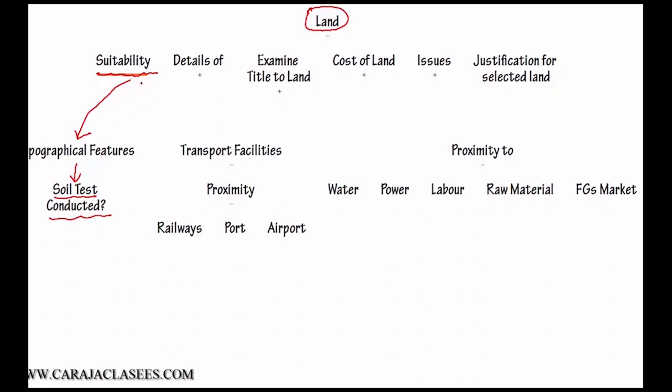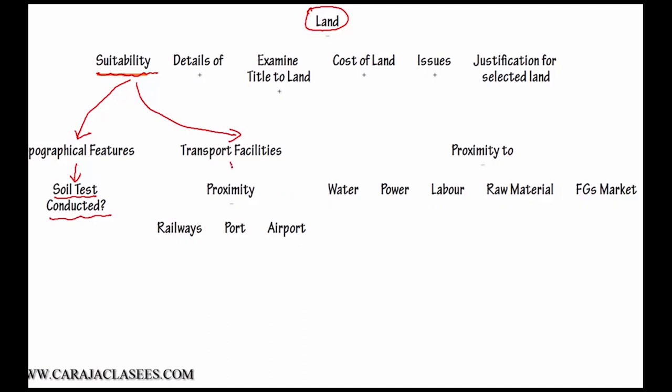Then the transport facilities, because many times the factory land will be in a remote place, distant from a normal town, or very distant from even villages. So what kind of transport facilities are available?